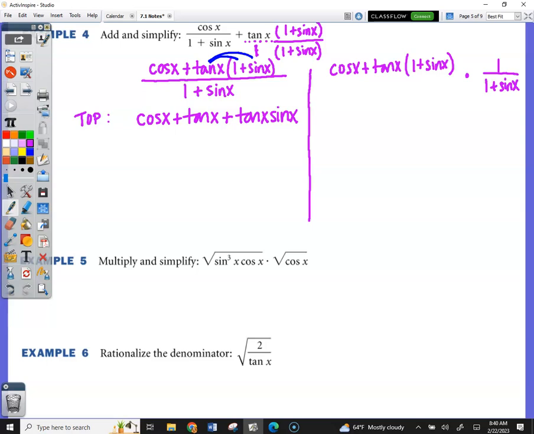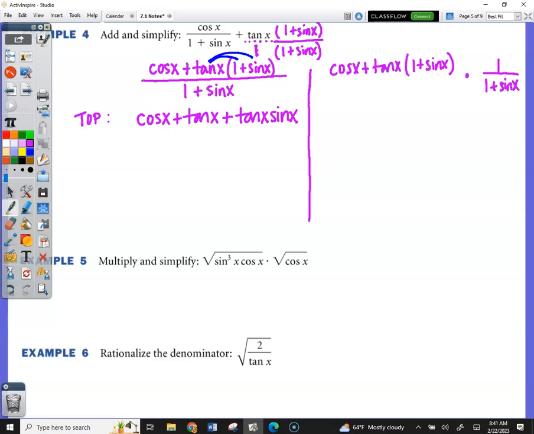So this is the top. Now I'm going to clean this up. When I say clean this up, right here, tan times sine, and then this tan right here, those are fractions, right? So let's write what the fractions are, and let's try to get this to just one expression, or as small of an expression as possible.